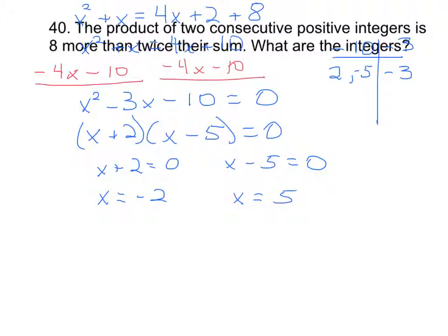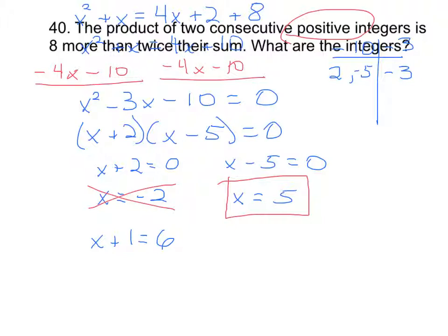But we're looking for one integer, so which one is it? And we look back at the problem, and here's where the positive comes into play. It tells us we are looking for a positive integer, so we can discard the negative 2, and our x equals 5. Our other integer is x plus 1, and that's going to be 6.